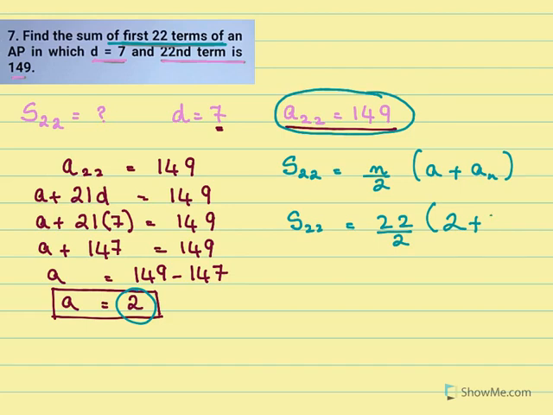The last term, the 22nd term, they gave us 149. So I put 149. So S22 is 11 into 151. And on multiplying this, we get 1,161.